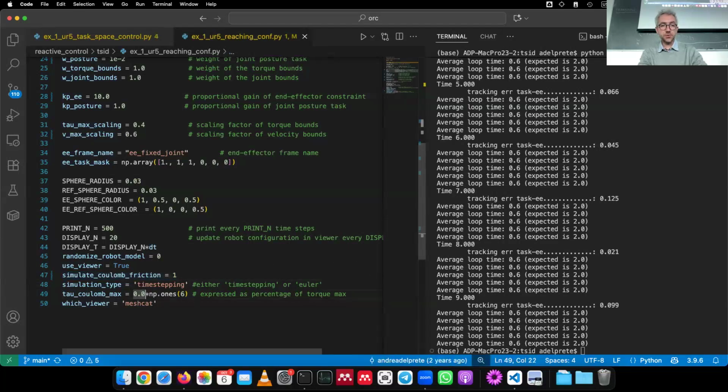And then I can introduce some Coulomb friction, maybe 2. So the Coulomb friction is going to be equal to 2% of the maximum torque at that joint. And I can see how that is going to affect the behavior.